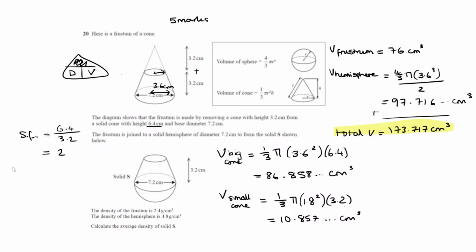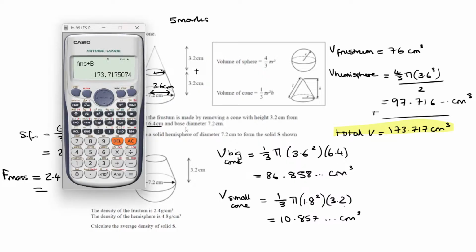So for the frustum, I'll just put F. We want the mass, which would be density for the frustum, which is 2.4, multiplied by its volume, which was the 76 one, wasn't it? Which I think I still stored. Yeah, it's 2.4.